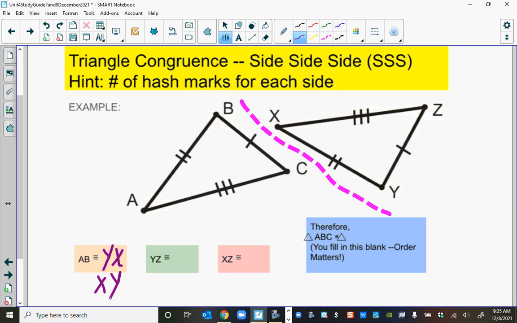But I'm going to go XY, and you'll know why. All right. YZ. So we're going from Y to Z. How many slash marks does Y and Z have? 1. Which side of the other triangle has 1 slash mark? BC.